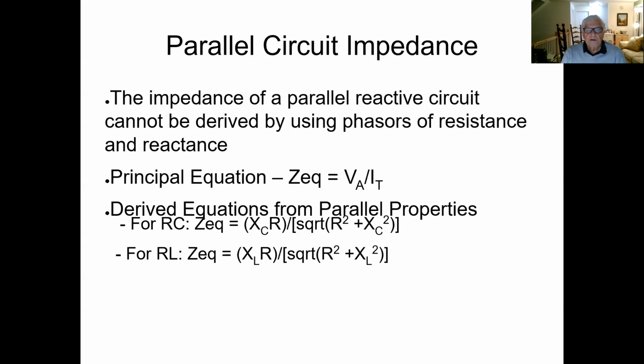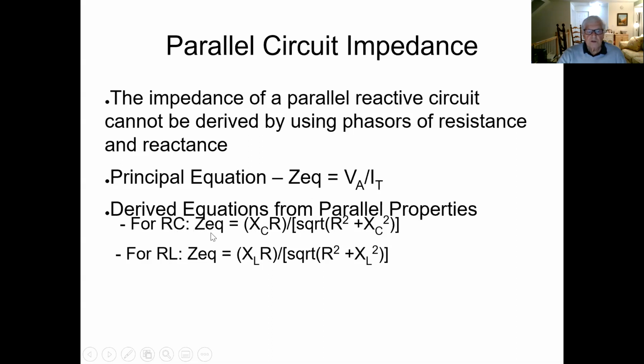So the principal equation again for impedance, the equivalent is VA divided by IT. VA is whatever voltage is applied, whatever the battery or source voltage is. And IT is what we just figured out using the phasor.